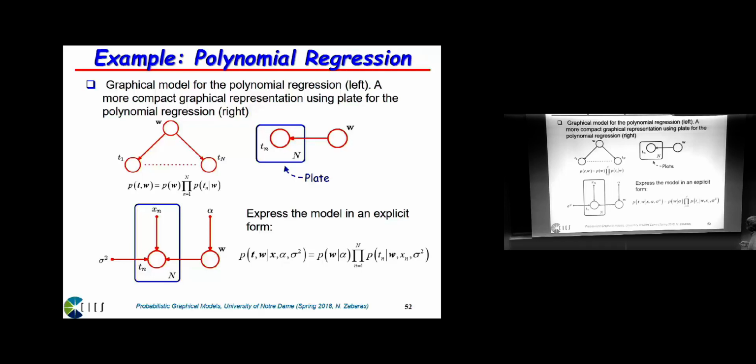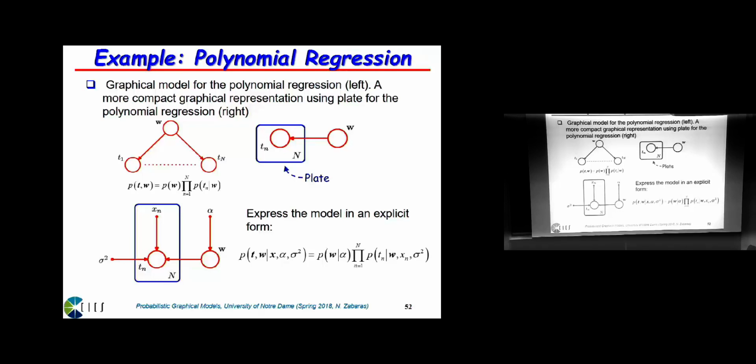Okay. In my regression model, I need these coefficients w, all right, that define my regression function, and the w is the same regardless of n, little n. And because I put a prior on w that has some hyperparameters alpha, I need to basically have an arrow from alpha to w. So this plate model represents the joint distribution that looks like this.